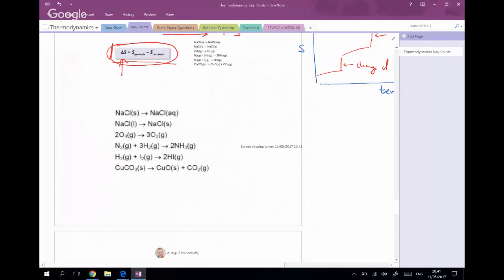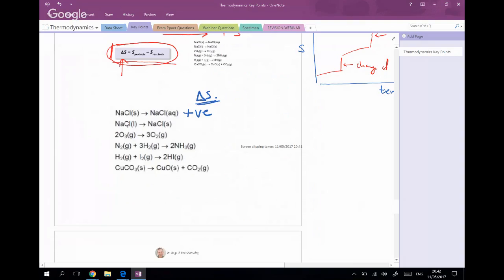Here we go from sodium chloride solid to sodium chloride aqueous, from a solid to an aqueous solution with dissolved ions. We'd expect the change in entropy to be positive. We're not going to worry too much about exactly what that would be at the moment, but it'd be positive.